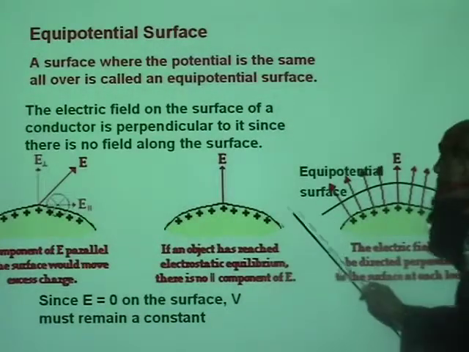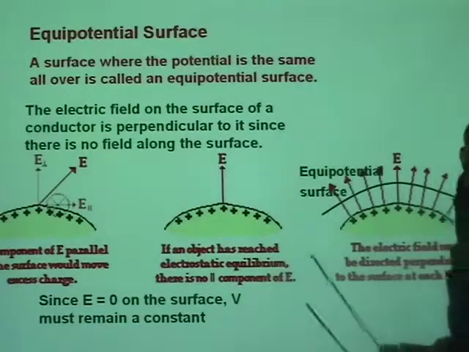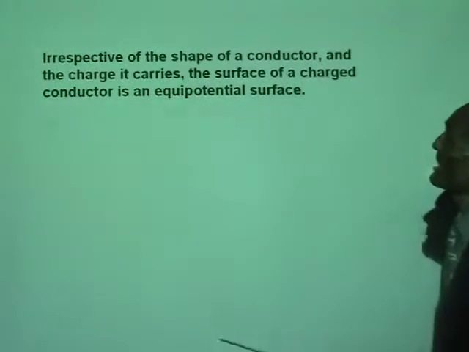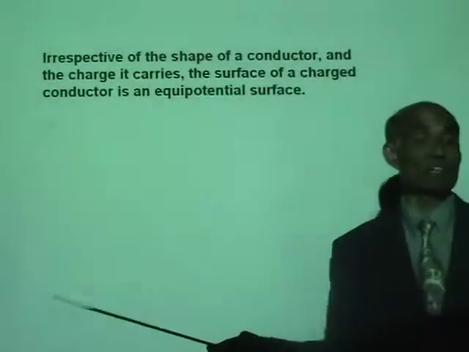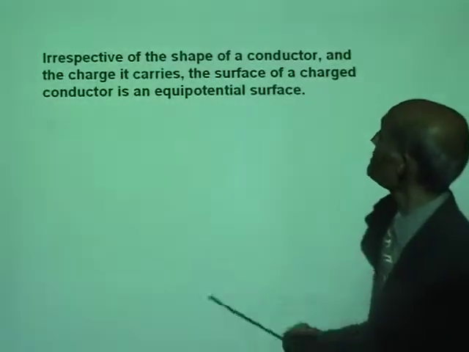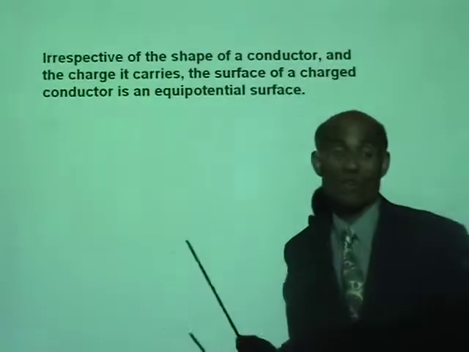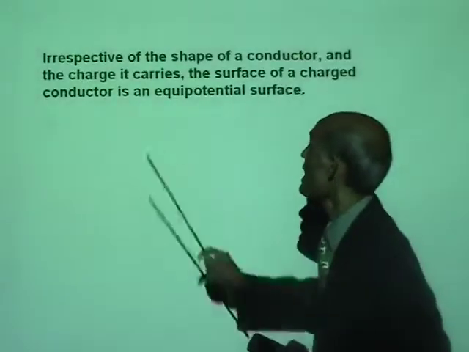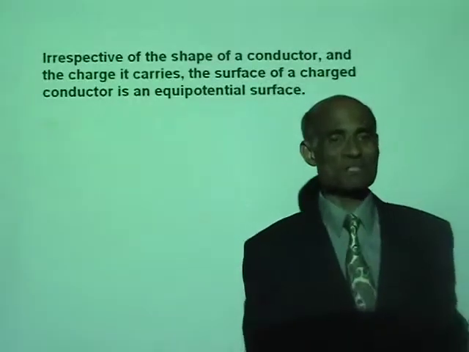You can actually construct a large number of equipotential surfaces here, where the potential at any point will be the same. So, irrespective of the shape of a conductor, it doesn't have to be spherical for this. Irrespective of the shape of the conductor and the amount or the type of charge it carries, the surface of a charged conductor is always an equipotential surface.